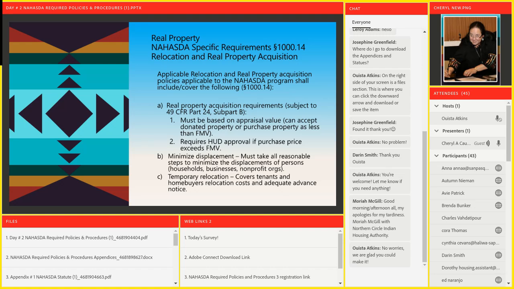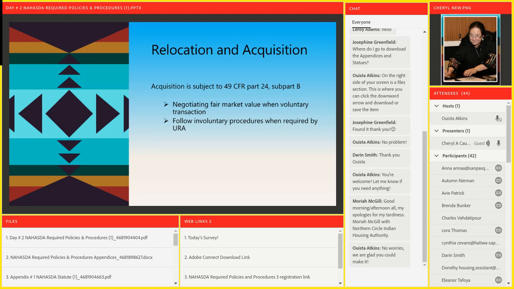Do I have to be aware of anything to do with real property, relocation and real property acquisition? Or in the case where you're trying to modernize and rehabilitate fully occupied units and you're requiring them to bounce from one house to the other, this can also kick in. Call HUD, ask for their advice, they'll help you, okay?